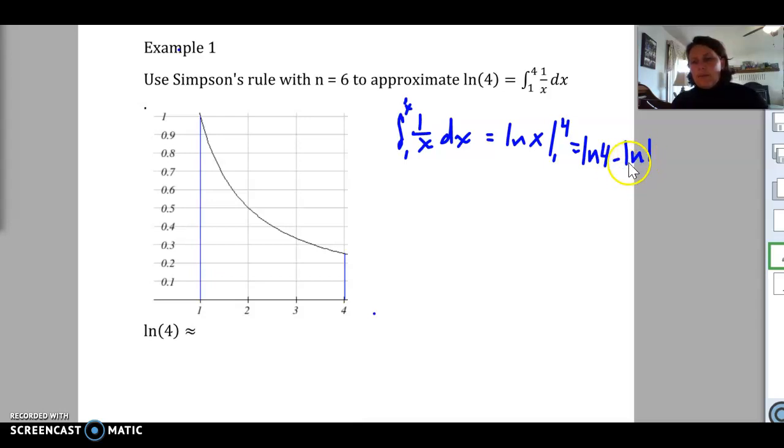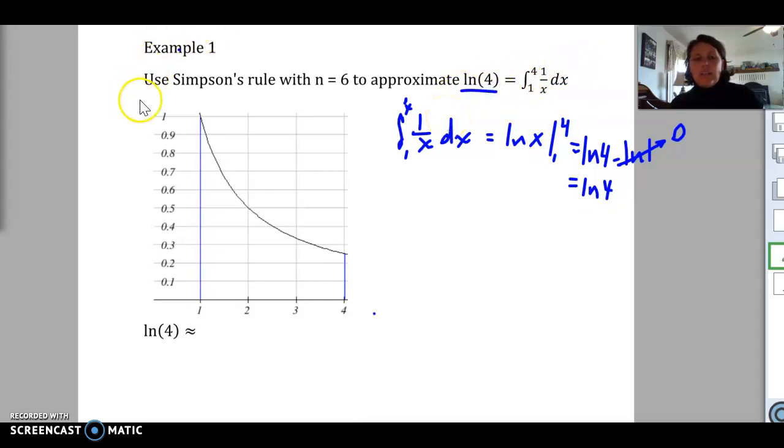And recall that the natural log of 1 is going to be equal to 0. Okay, so the actual answer to this integration problem is the natural log of 4.